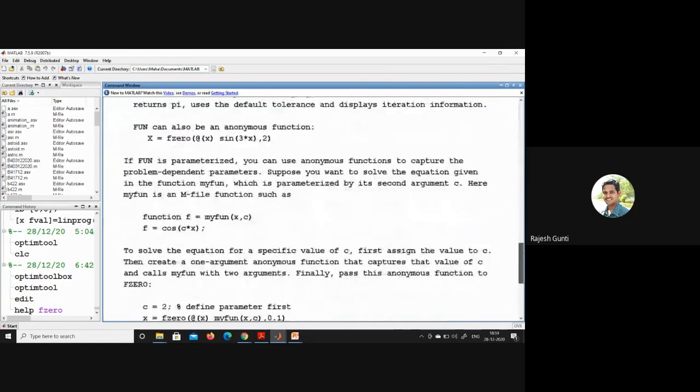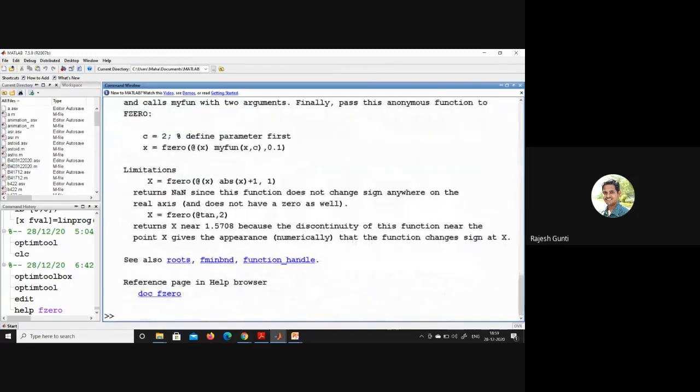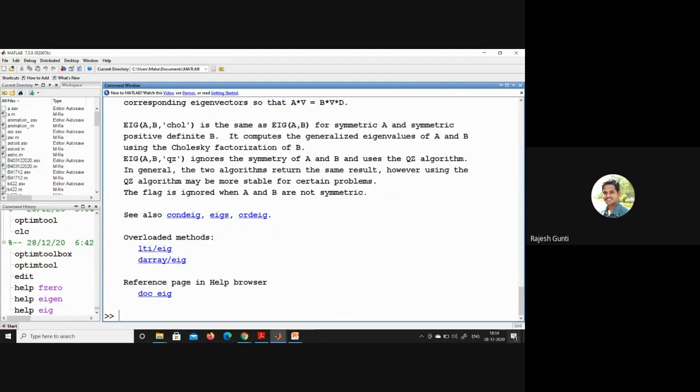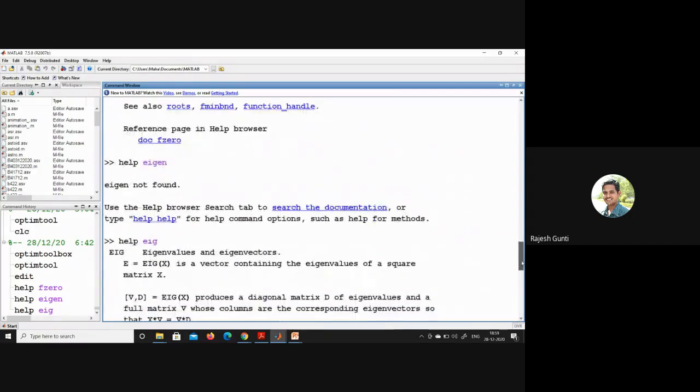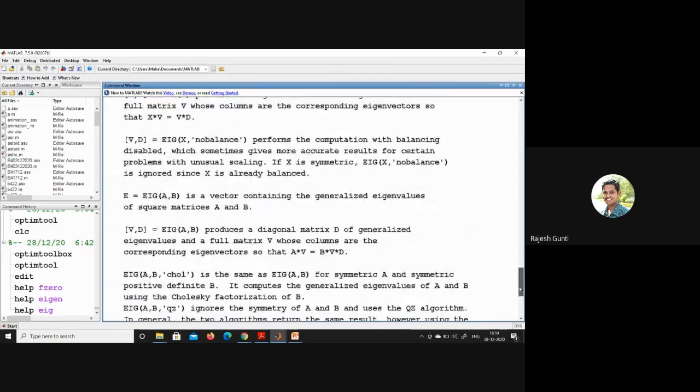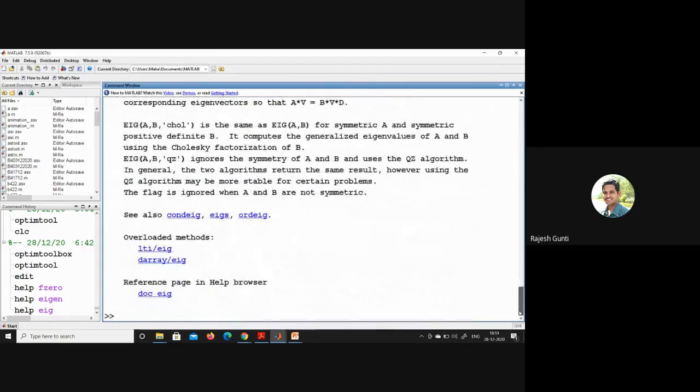Help eig, about eigenvalues: eigenvalues and eigenvectors, and how to calculate the eigenvalues.